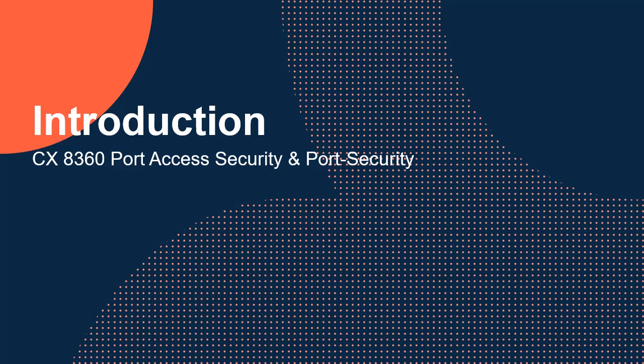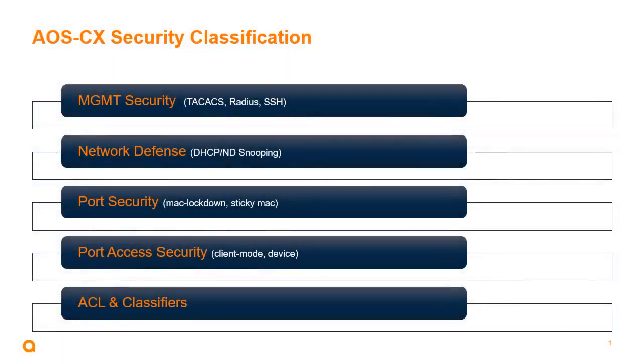Before we take a deep dive into port access security and port security features, it is good to understand the classification of security features which we support on the AOS-CX platform. To secure our customer network, we support all required security features on AOS-CX switches.